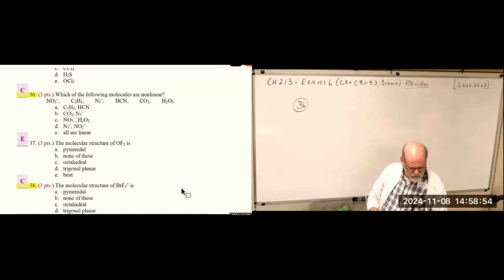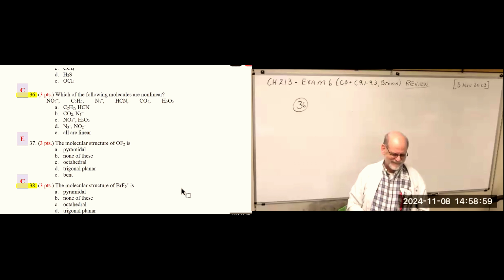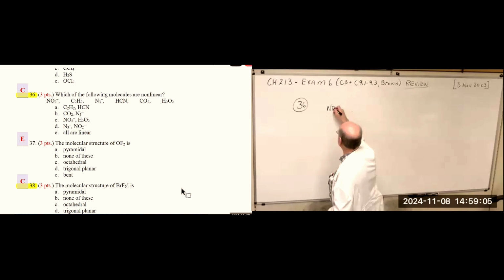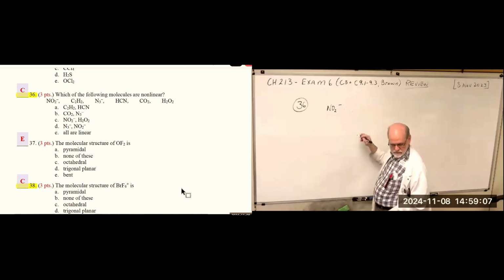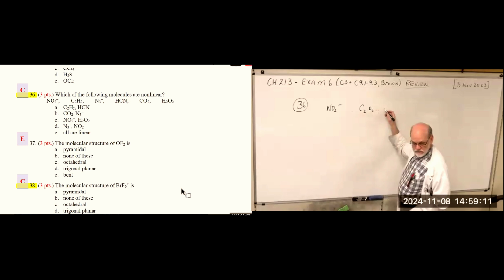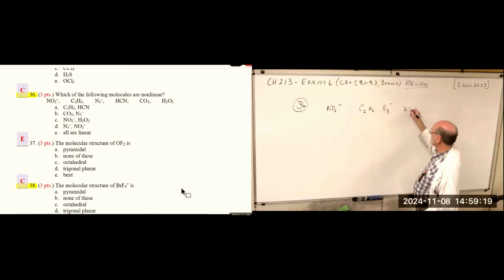Number 36. Which of the 5 molecules are non-linear? NO2 minus, C2H2, N3 minus, HCN, and H2O2.